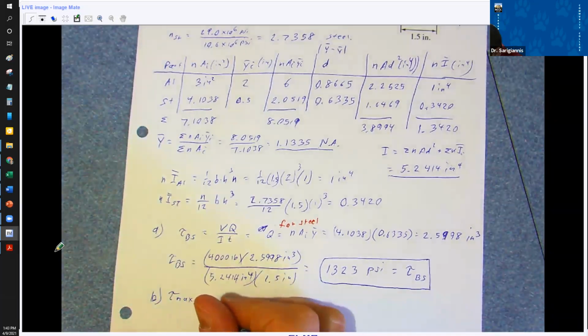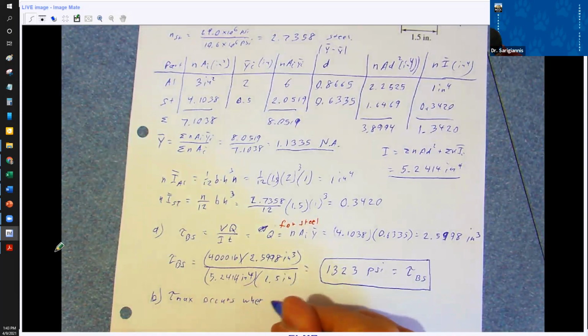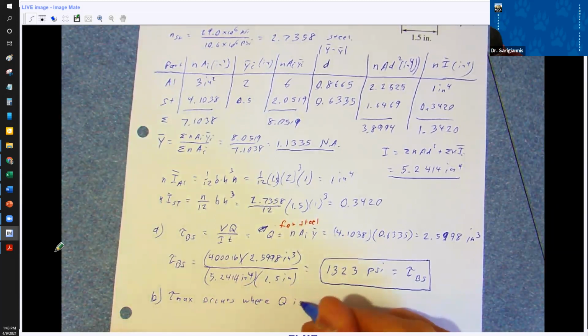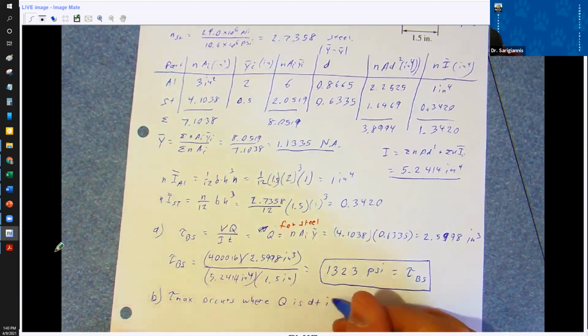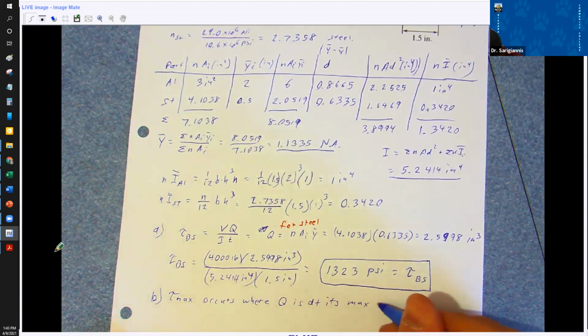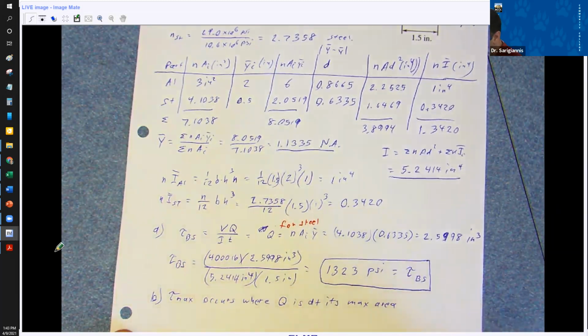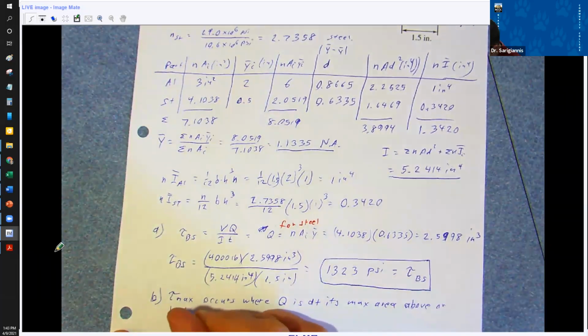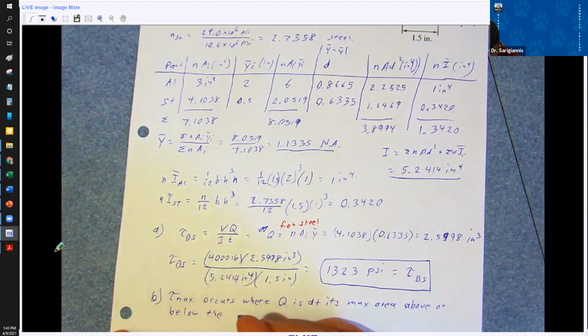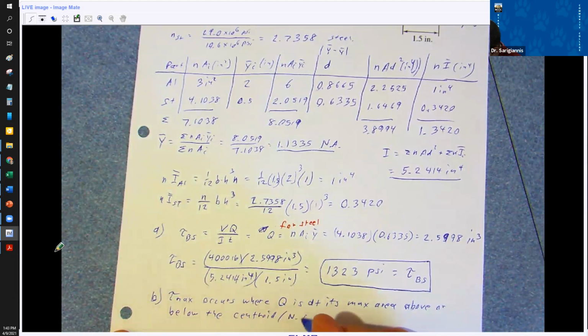So tau max occurs where Q is at its max area above or below the centroidal neutral axis.